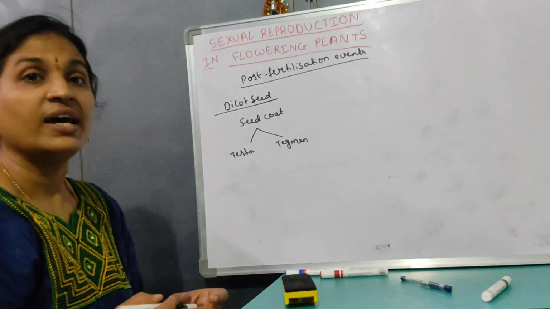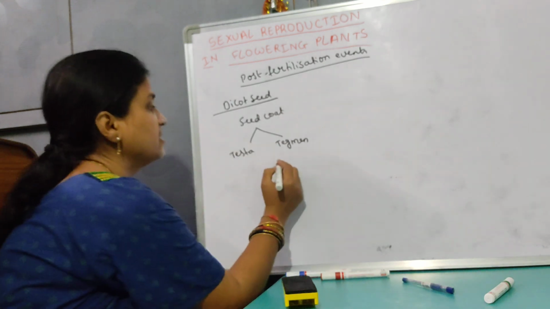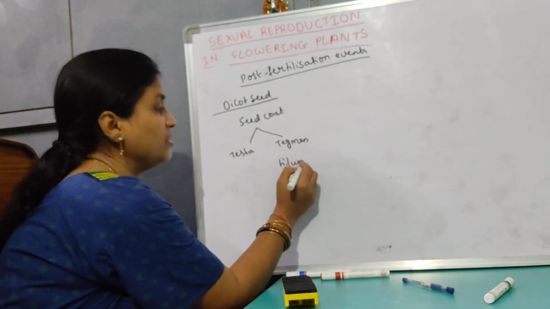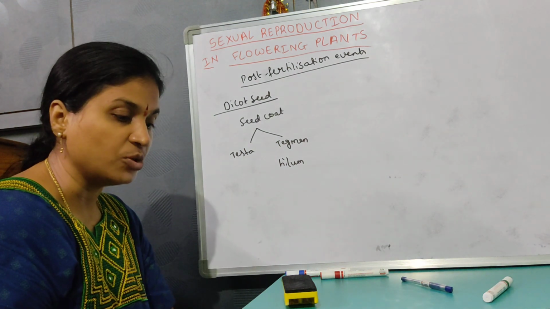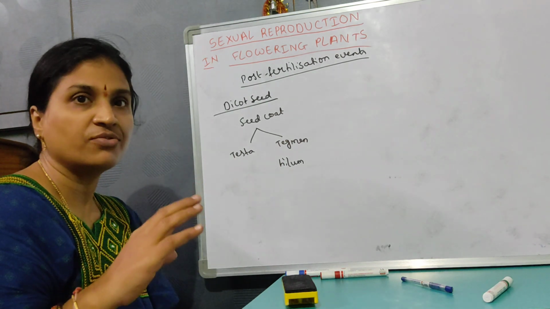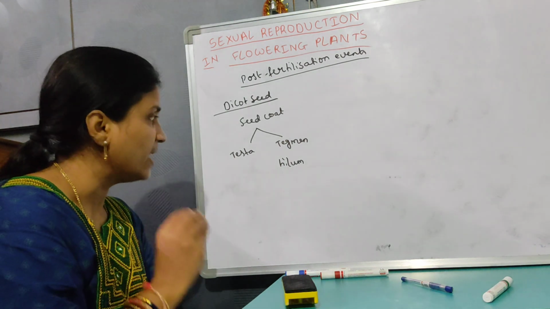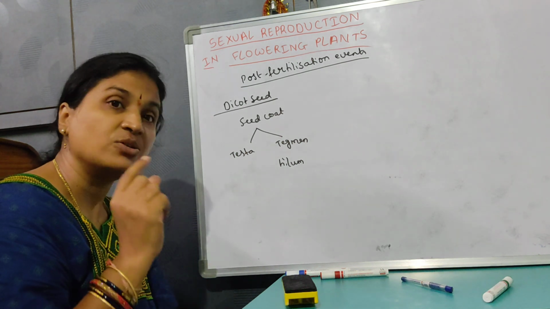These are formed from the integuments of the ovule. Then the hilum. Hilum is a scar on the seed coat which attaches the seed to the fruit. These seeds are enclosed in the fruit.